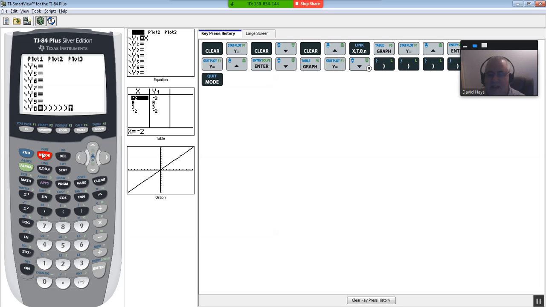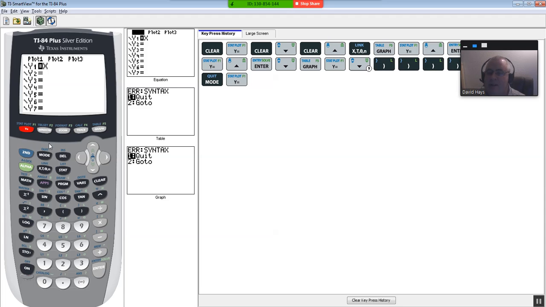And if they exit out and go back to Y equals, they don't see it, and they don't realize there's an error down there. So if they press graph, they'll get a syntax error. Whenever you get a syntax error, you should always choose go to. You can choose it by down arrowing to it and pressing enter. Enter's down here. Or you can simply press your 2 once you get into this, and that'll do the down arrow and the enter for you. Now it'll go where the error is, and once you see that, you can press clear to clear that out.